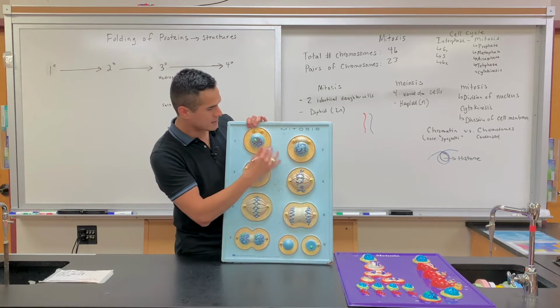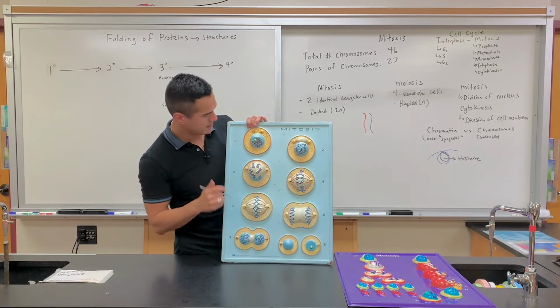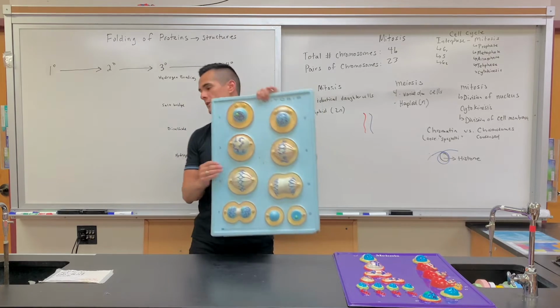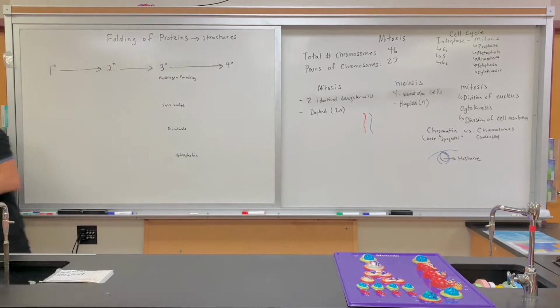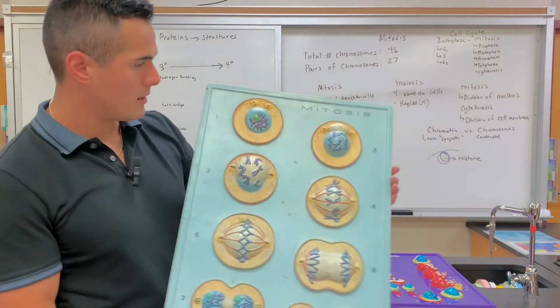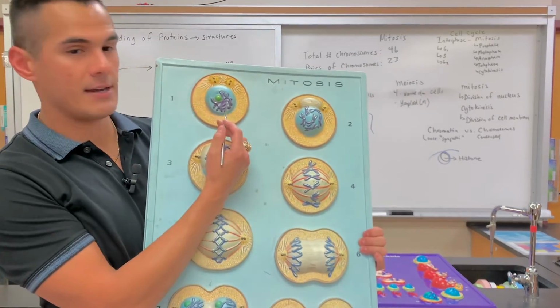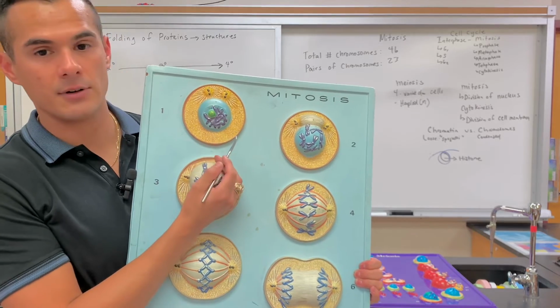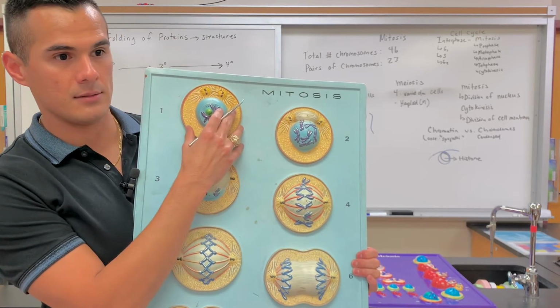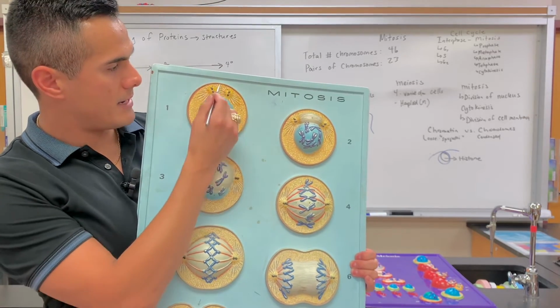Let's look at this. It's going to be a little bit difficult to see, so let me see if I can get closer towards the camera. Let's identify some of the different components within the interphase.